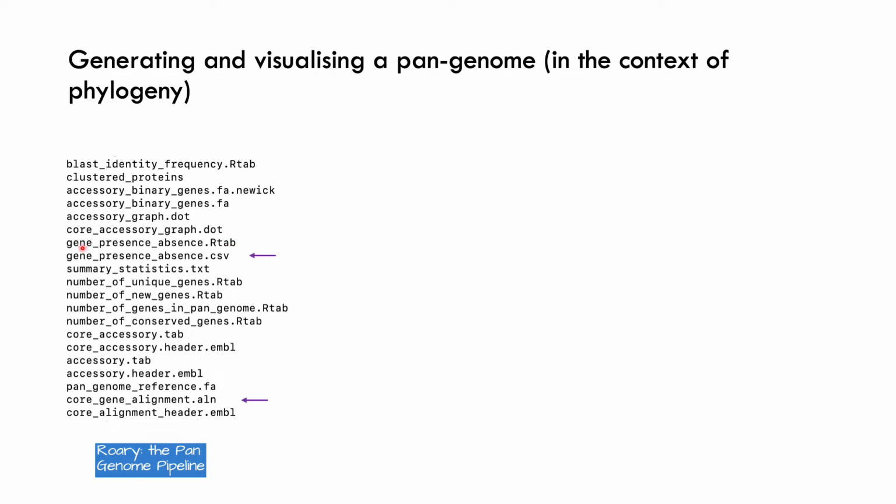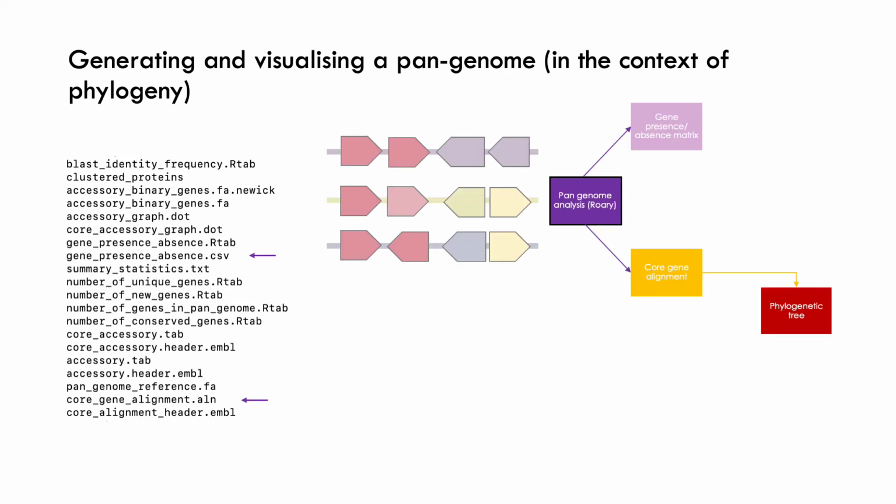I've just highlighted two of the files here. These are two of the files that I've already referred to, the gene presence absence file and the core gene alignment file. There's a list of others here that relate to some of the statistics that I've mentioned, and you can use those to make the gene accumulation curve, for example, and a range of other plots.